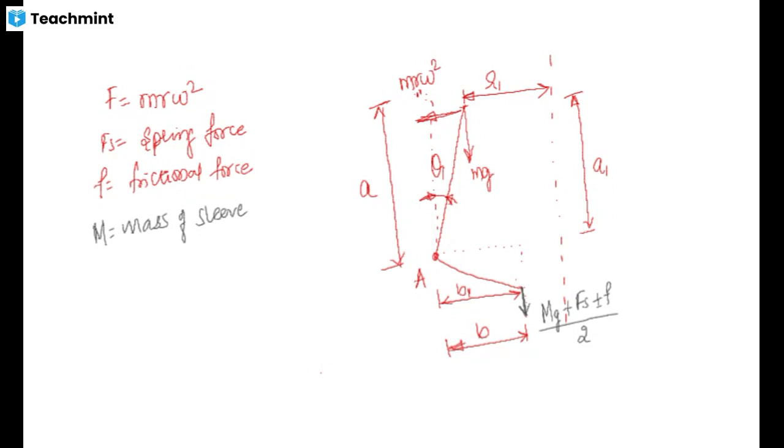You are going to get centrifugal force F1 times a1, the moment of centrifugal force about the fulcrum A, equal to 1 by 2 in bracket capital Mg plus Fs1 plus f, into b1. Just observe, centrifugal force is causing an anticlockwise couple, while the mass of sleeve plus spring force as well as frictional force cause a clockwise moment.